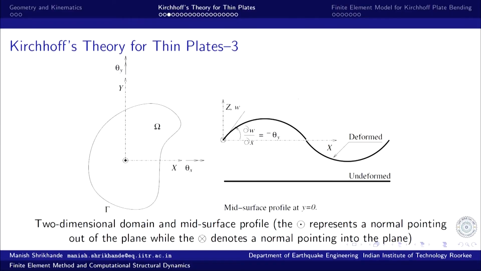So, del w by del x is equal to minus theta y, that is rotation about the y axis, and similarly del w by del y is equal to theta x, the rotation about the x axis, and this equality imposes the constraint of vanishing shear strain.